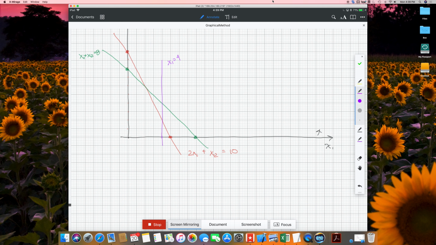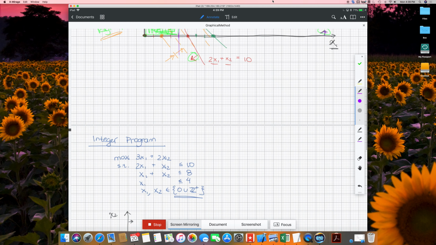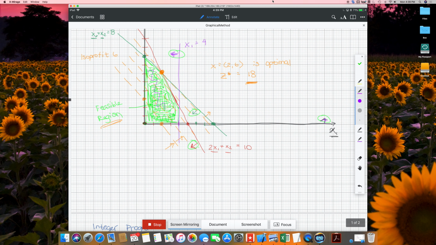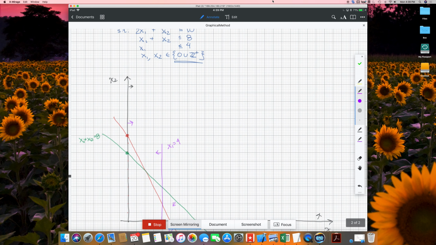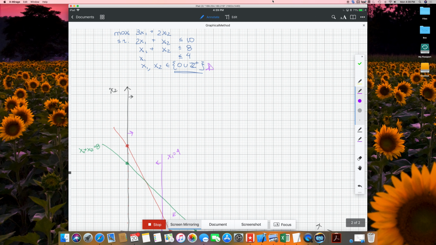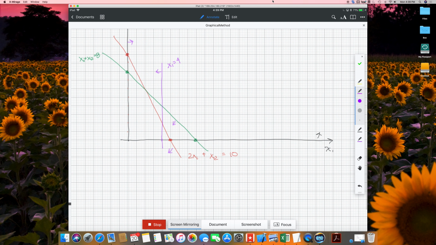When we're identifying our feasible region, we can again use the directions like we had before. Before, we highlighted everything in this region here in green as our feasible region. But not all of those points satisfy our integer restriction. Instead, only the points that are integral satisfy those restrictions.